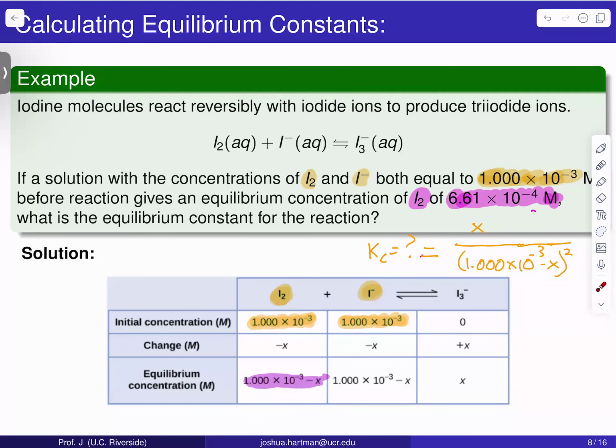And so basically our equilibrium constant, we don't know what that number is, but we know it's going to be X divided by 1.000 times 10 to the minus 3 minus X, right? And then that quantity is going to be squared because we have that same contribution from I2 and I minus.